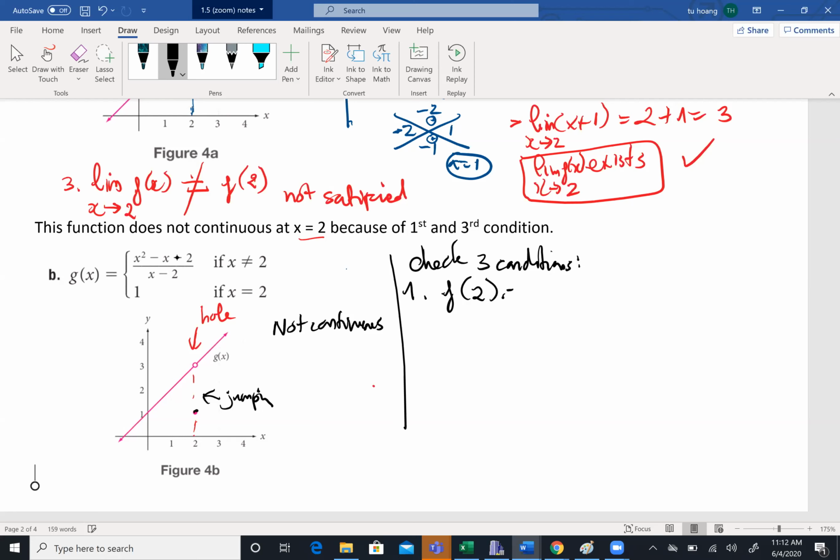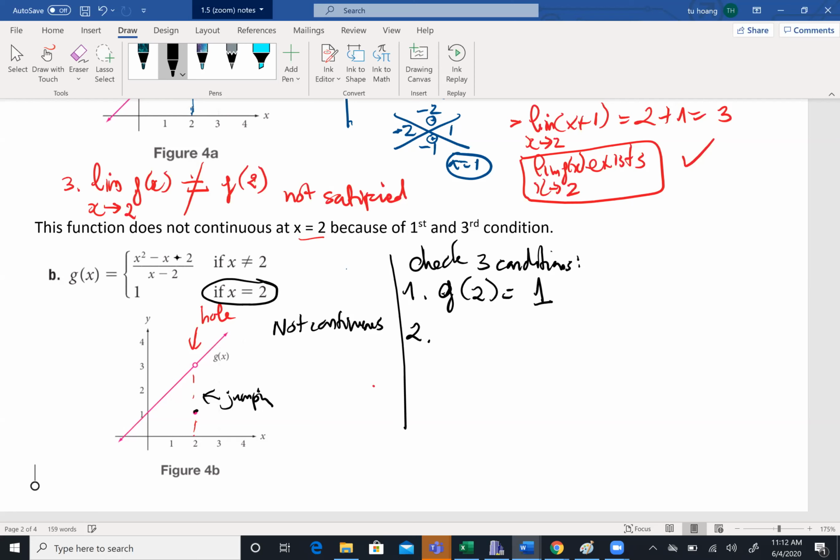What is that equal to? Since I'm going to talk about f of 2, I'm going to use the second part when x equal to 2, right? So I have equal to 1. Okay, because this is a piecewise function. Oh, actually, this is not f. This is g, right?